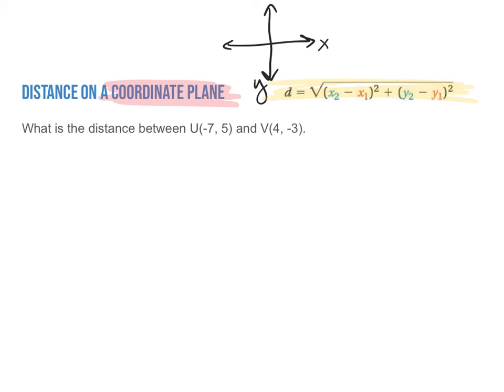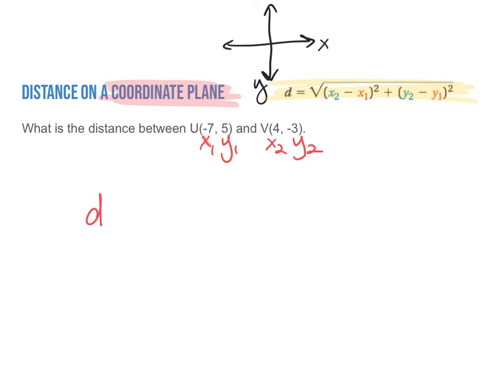You can kind of see we have a value squared plus a value squared, and we're taking the square root of it. But it's a little bit easier because all we have to worry about is just plugging straight into that formula. Okay, so what's the distance between u, which is at -7, 5, and v? So here's x1, here's y1, and then v, x2, y2.